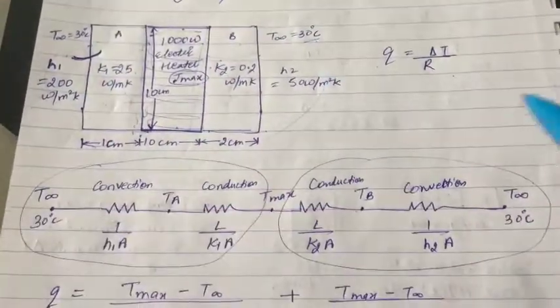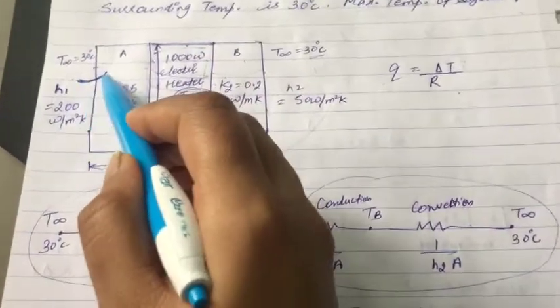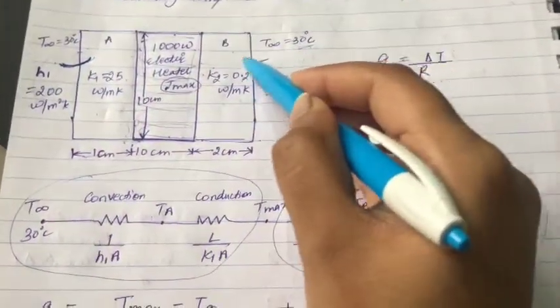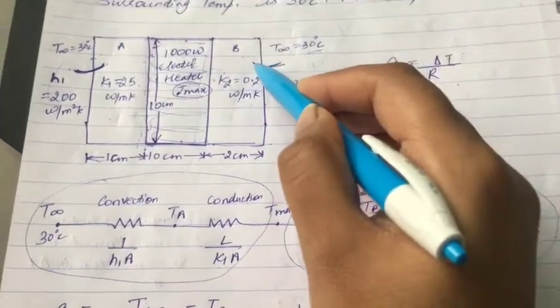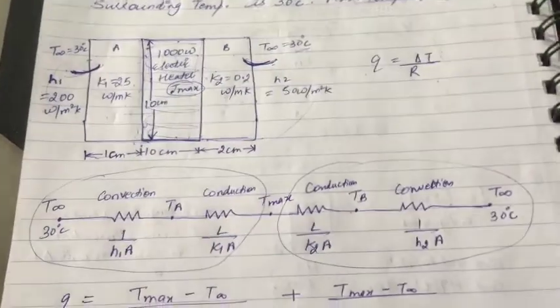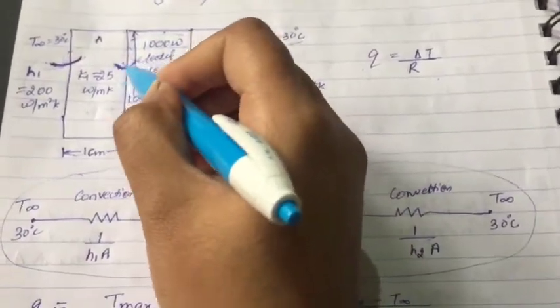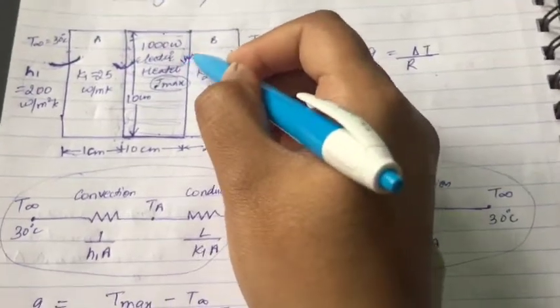Sorry, let me repeat. Between this surface convection would take place, and between these surfaces convection would take place. Between both these outer surfaces convection would take place, and between these surfaces our conduction would take place.